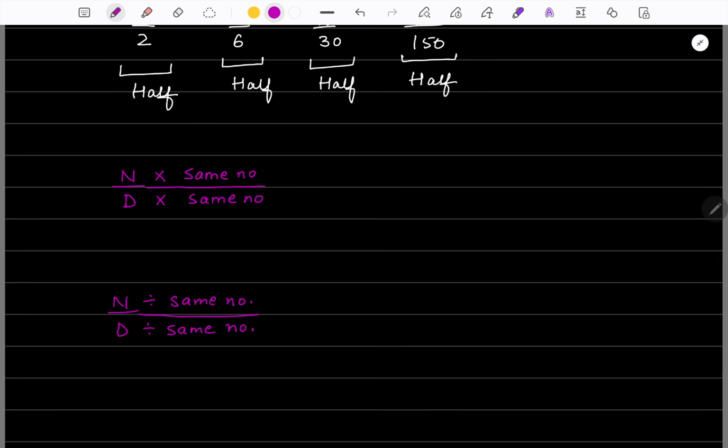So let's take an example here to understand it. We are taking example 1 by 2 and we want equivalent fractions for this. So how do we do it? Let's take two examples for each one of them. 1 by 2, numerator and denominator to be multiplied. So we multiply 5 and 5, both top and bottom. What do we get? We get 5 by 10.